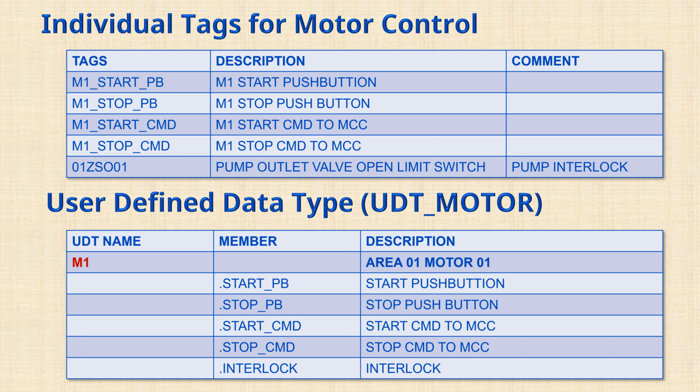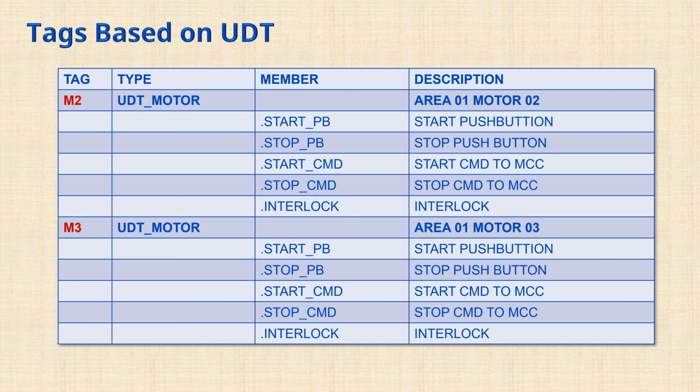Wherever we were using individual M1 motor tags, now we'll just have to use this one UDT tag and refer to individual components within it. The fun doesn't stop here, and we could create M2 and M3 tags in a similar way. Notice that with this UDT, we don't have to create all component tags. We only have to create one instance for a motor and all the component tags will be automatically created.